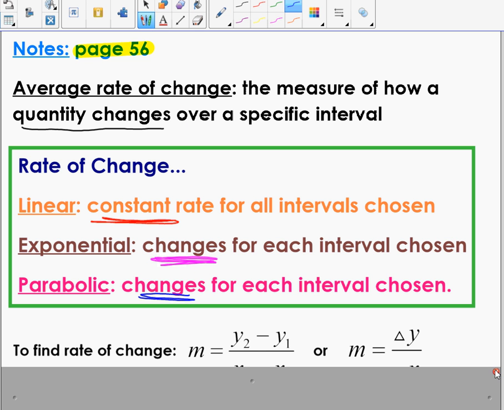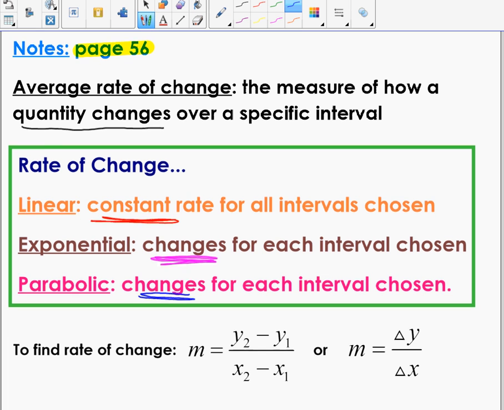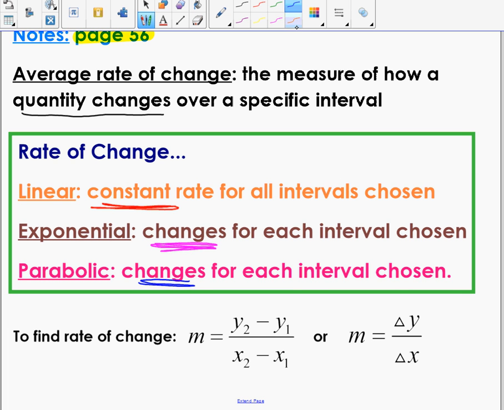Now, this should look pretty familiar to you. To find the rate of change, you use this formula right here. Remember, m represents your rate of change. It's the change in y. Remember, that's what this little triangle means, your change in y, all over your change in x. So mathematically, if you're given coordinate points, it's y2 minus y1 all over x2 minus x1.